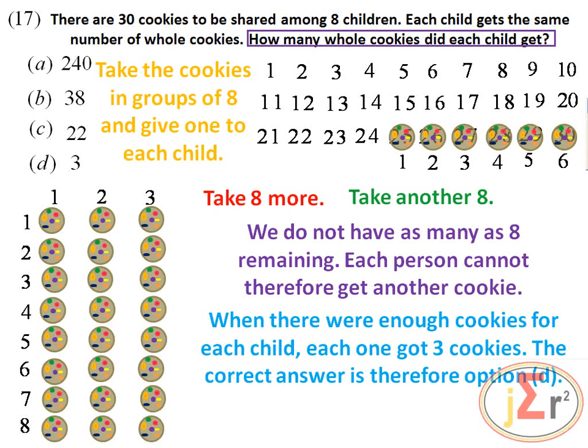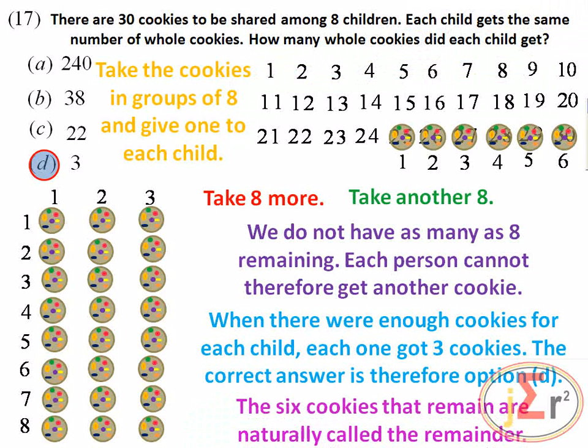The correct answer is therefore option D. The 6 cookies that remain are naturally called the remainder.